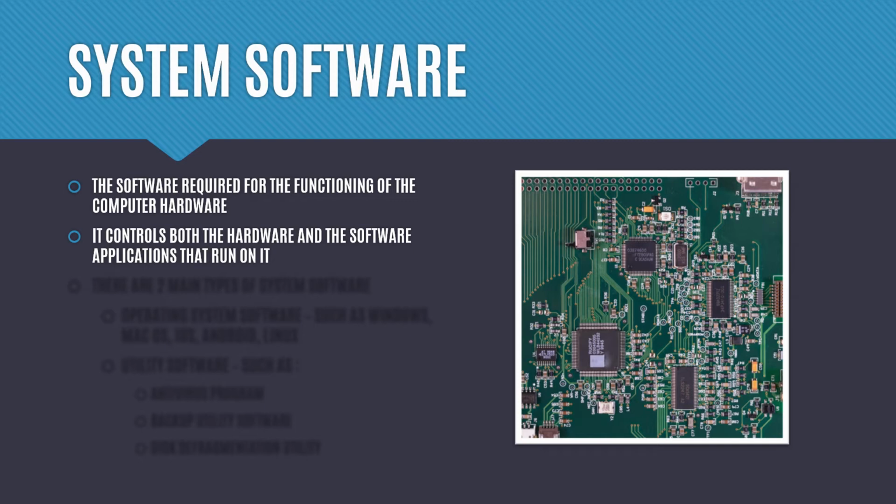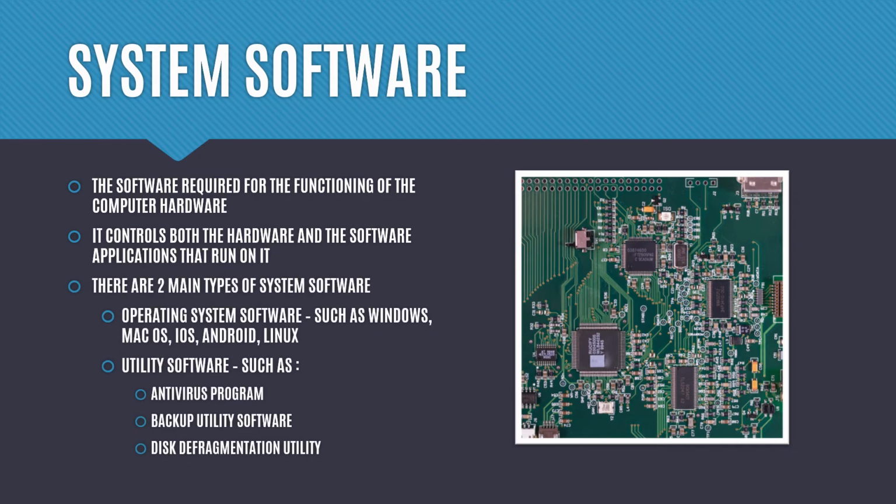One example: Android controls the camera of your smartphone. Android controls the touch system of your smartphone. Android controls the fingerprint sensor, and it is on top of Android that you install applications like Facebook, Instagram, TikTok, YouTube, etc. So system software is very important software.